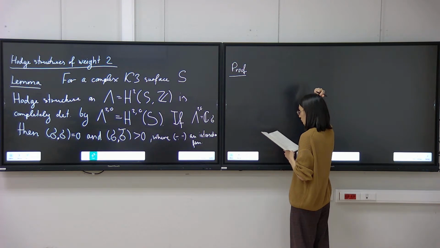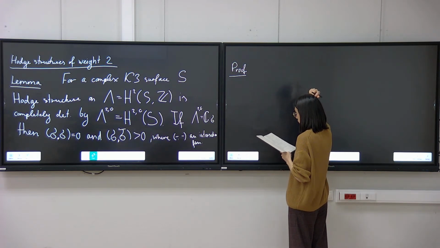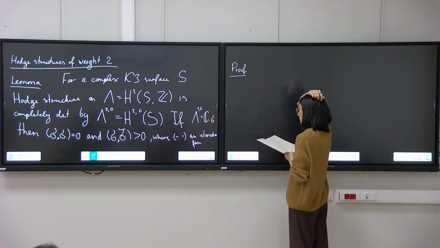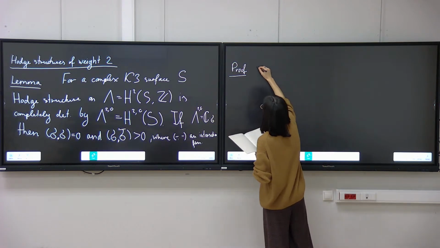Okay, and now why do we have this lemma? We have it just because the Hodge decomposition is related with the multiplication in cohomologies.